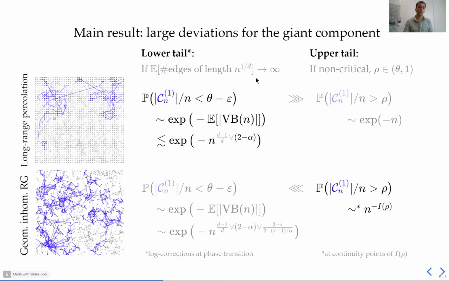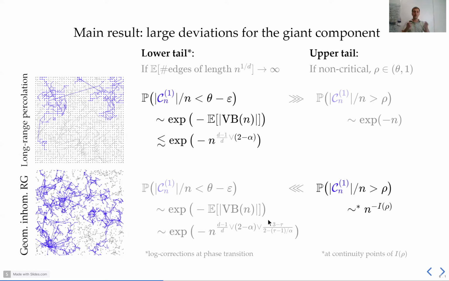And the argument for GIRGs, so here where we have also a (3 - tau)/(2 - tau) - 1 of alpha, uses a very similar argument to what I described before, except that we don't look at edges between low mark vertices in those local giants, but we can ensure that vertices of weight n to the gamma, those very special vertices from the previous talk, are connected with constant probability to another vertex of weight n to the gamma.